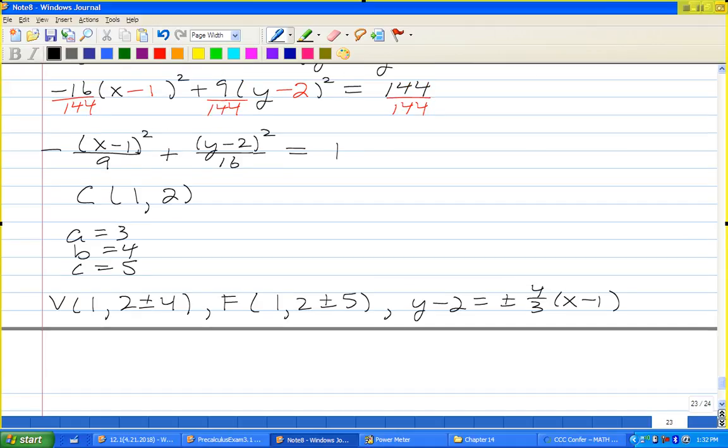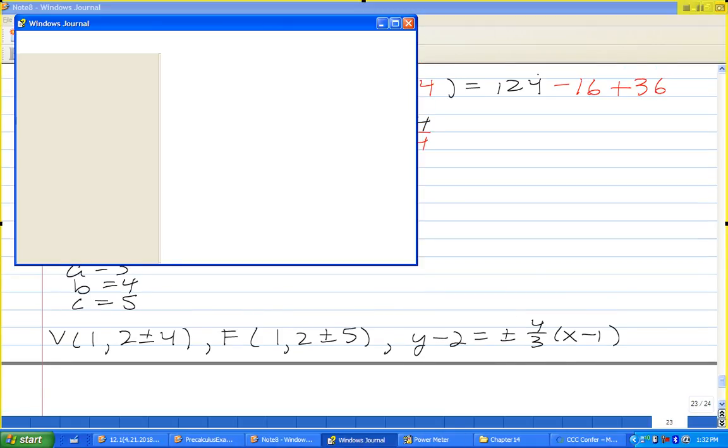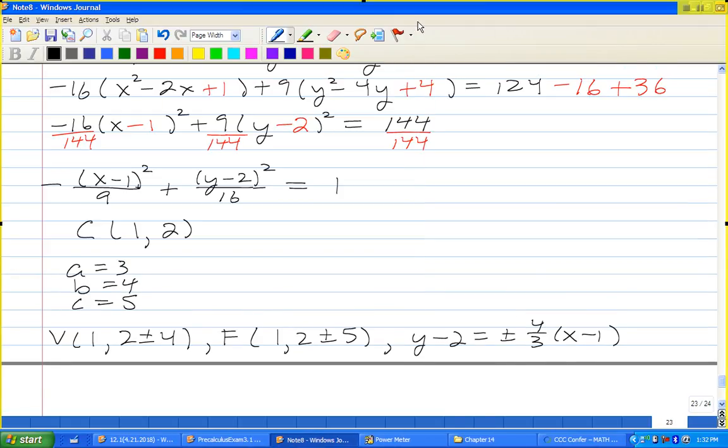Let's see if I can squeeze it here. This might be a tight spot, but I guess I'll try.